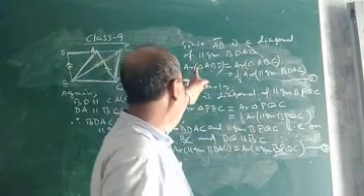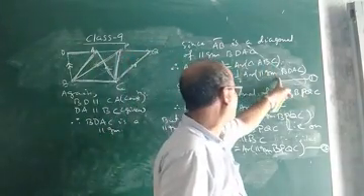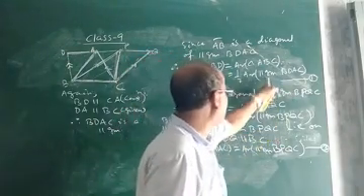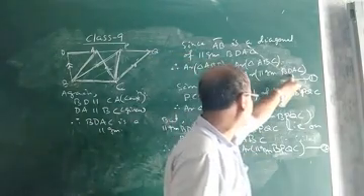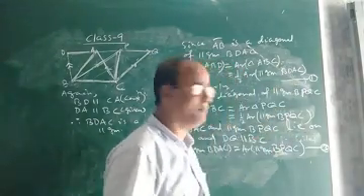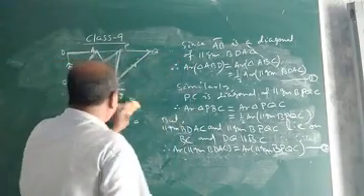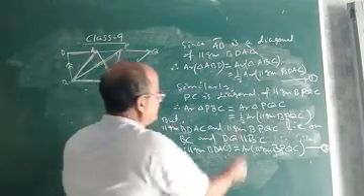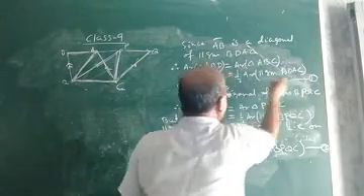Okay, see children, once again. Area of triangle ABC is half of this, and area of triangle PBC is half of this. In equation 3 we got area of parallelogram BDAC equal to area of parallelogram BPQC. Now if you compare the three equations, here area of triangle ABC is half into area of parallelogram BDAC.